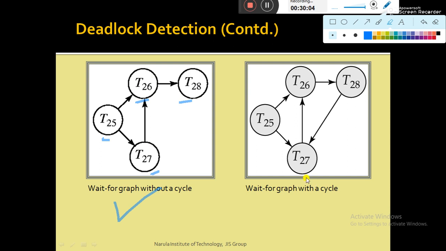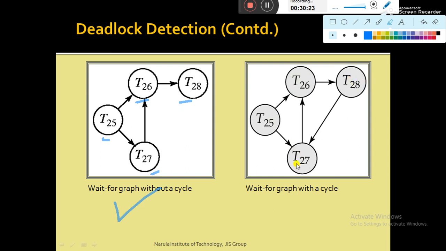But if you consider this one, an edge towards T26 from T25 means T25 is waiting for T26, T25 is waiting for T27, now T27 is waiting for T26, T26 is waiting for T28, and T28 is waiting for T27.